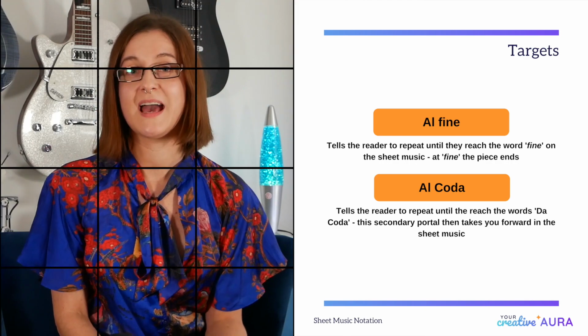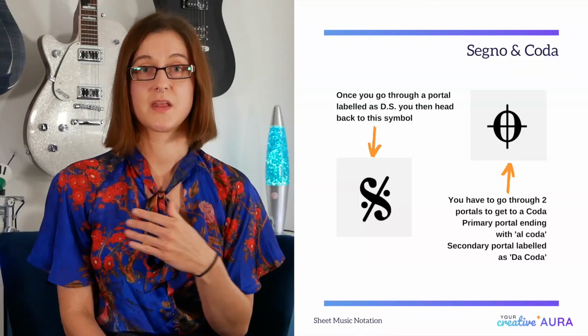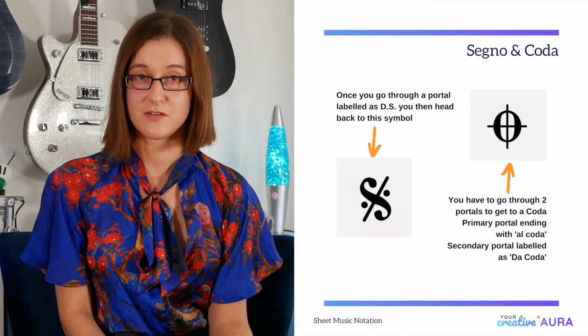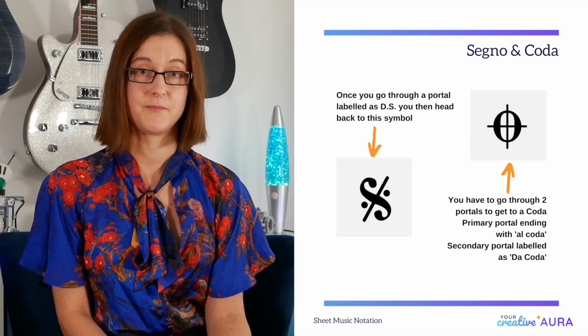And lastly, we have midway destinations. We've already mentioned them as segno and coda. Midway destinations are reached once you've been through a portal and the marked sign on sheet music. And here's what the sign looks like. To the left we have a segno sign, and to the right we have a coda sign.